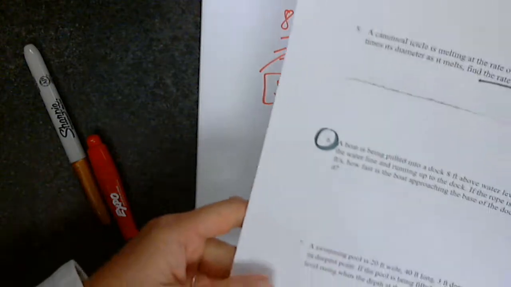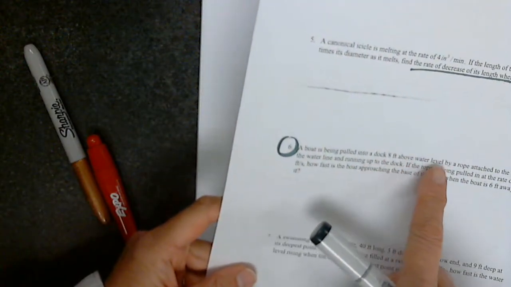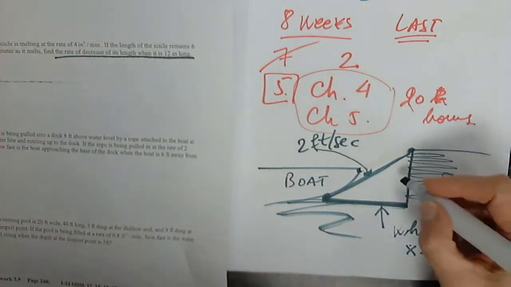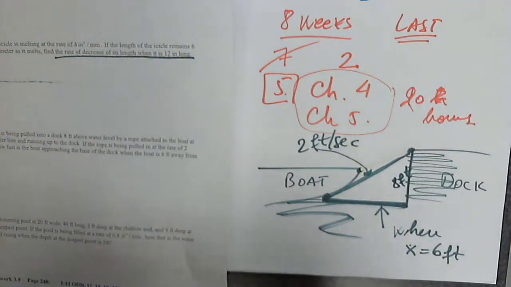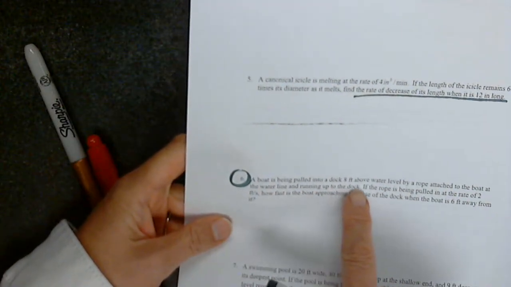So let's read the problem one more time. A boat is being pulled into a dock 8 feet above water level. So this is 8. Make sure I put all the information in there. By a rope attached to the boat at the water line and running up to the dock. Here it is.